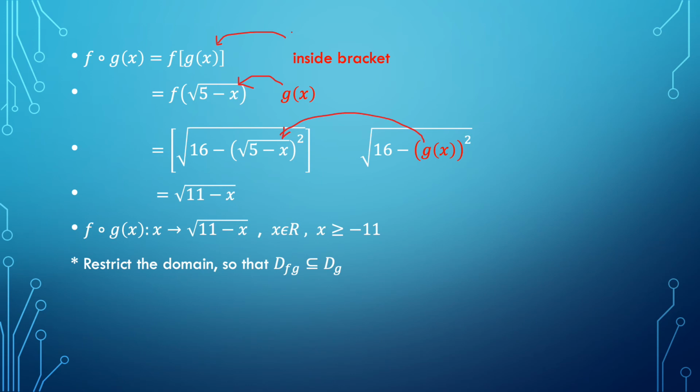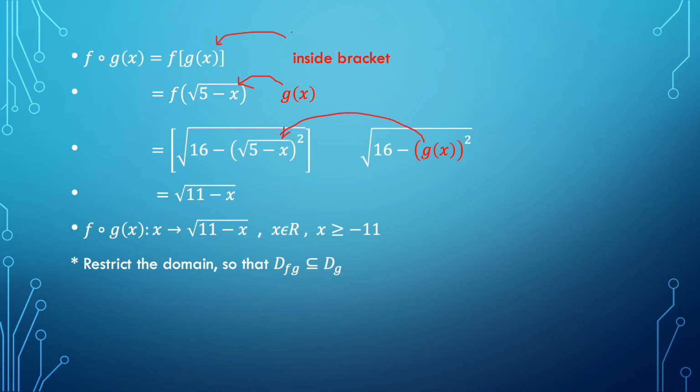The next step is to find the composite function f of g. So, f of g of x equals f inside bracket g of x. The function g of x equals square root of 5 minus x. Now, the function g of x becomes the object of function f.